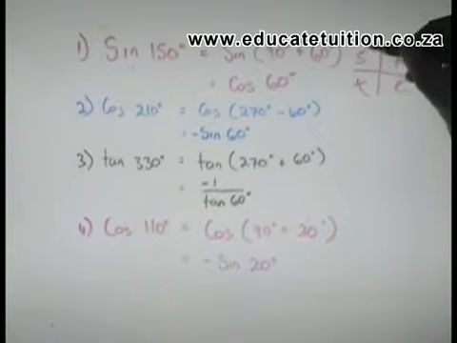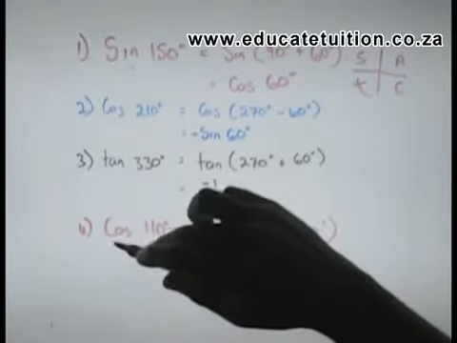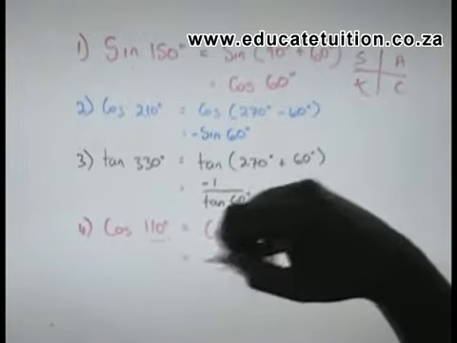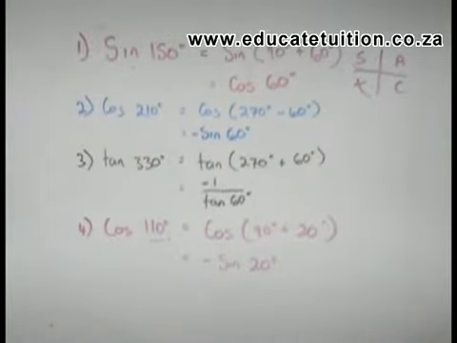Again, it is in the second quadrant, but my original function is cos, and my original function is negative in the second quadrant, which means that after I do the y reduction, sine is going to be negative.